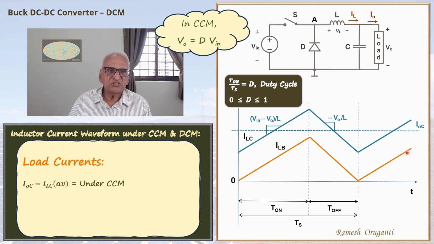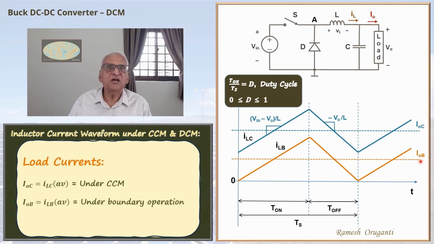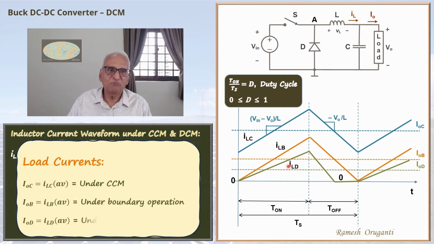The average of the ILB curve is the boundary output current IOB. When you reduce the load current even lower than IOB, then the operation switches to discontinuous conduction mode. So the green curve corresponds to the discontinuous conduction mode of operation.